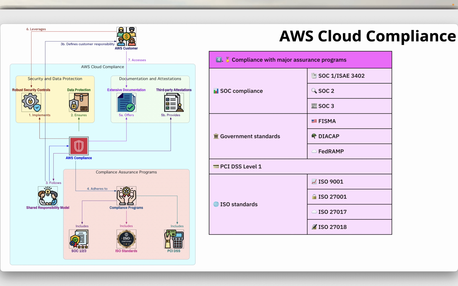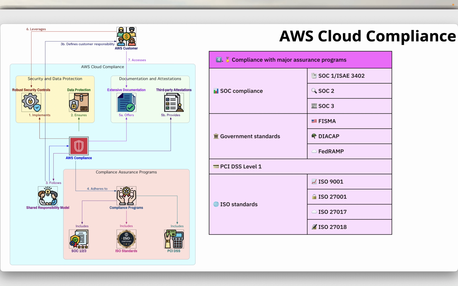AWS adheres to significant standards and programs like SOC, SOC2, SOC3, FISMA, DIACAP, FedRAMP, PCI DSS Level 1, ISO 9001, 27001, 27017 and 27018. So SOC is Service Organization Control.